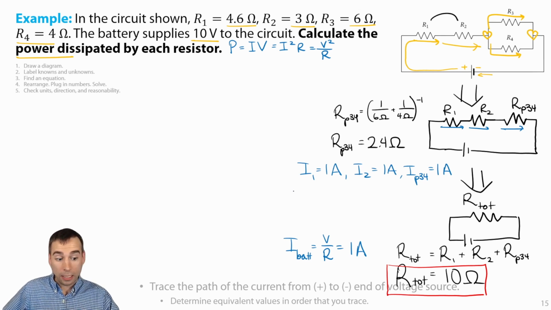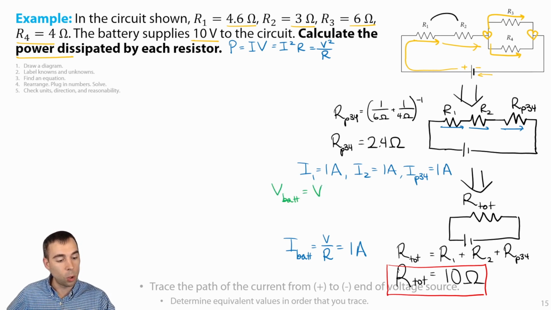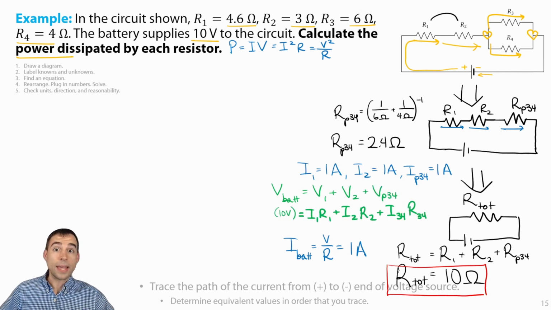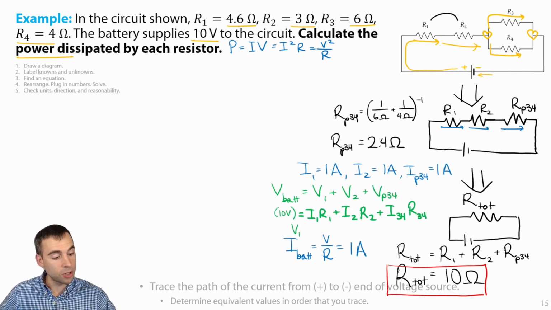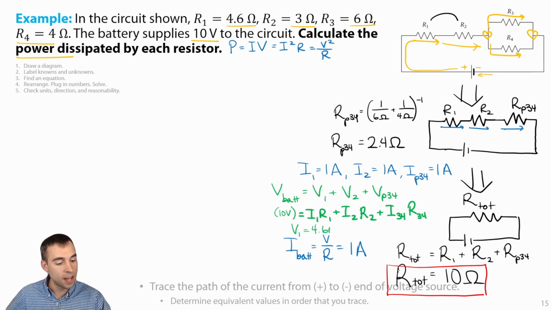We could also calculate the voltage drop across each of these resistors. We know the voltage supplied by the battery needs to equal the voltage dissipated by all of these resistors in the series. And so the voltage across the first resistor is just going to be 1 amp times its resistance value. It's 4.6 volts lost across the first resistor. The second resistor has 3 volts that it dissipates.